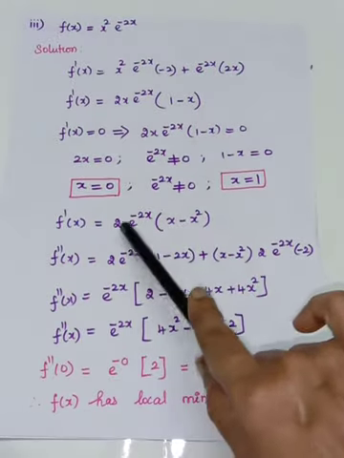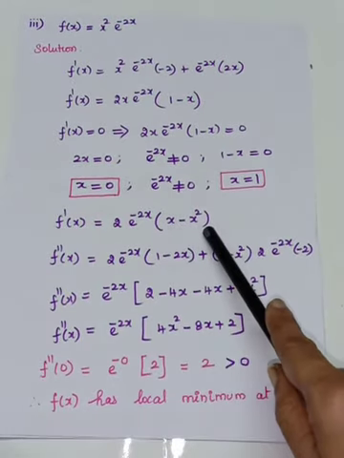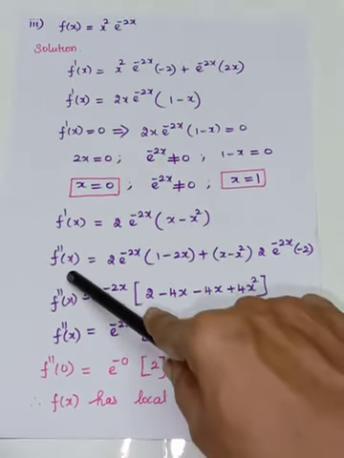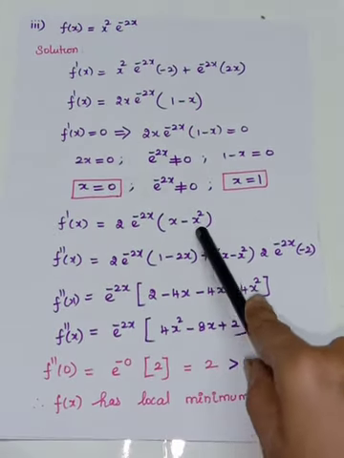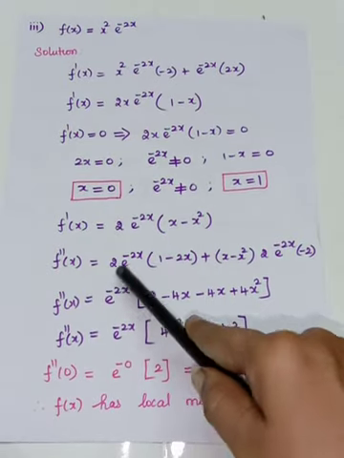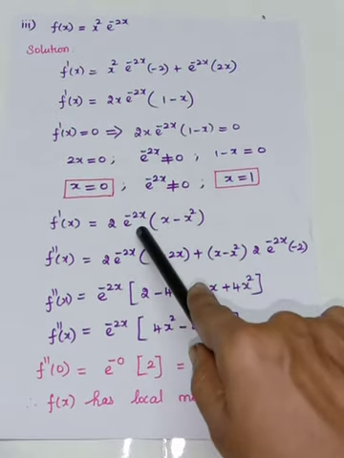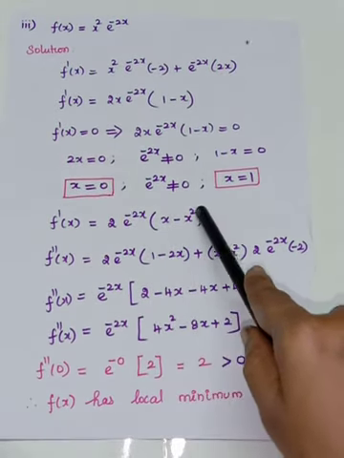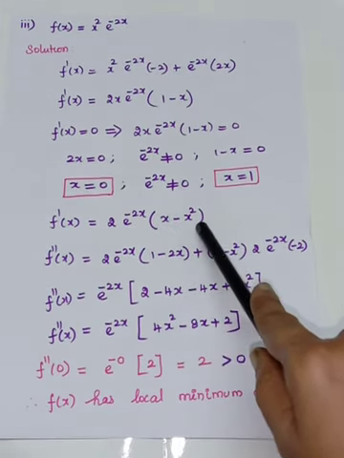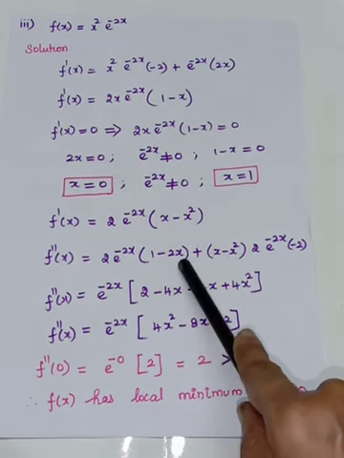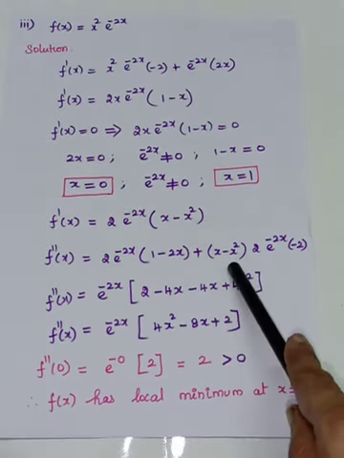Now we are going to use the product rule for 2 terms. Okay, so I am going for the second derivative. So you have to use the product rule. So 2 e power minus 2x is kept as it is, and you are going to differentiate this. So the differentiation of x is 1 and the differentiation of minus x squared is minus 2x, plus the second term is kept as it is.